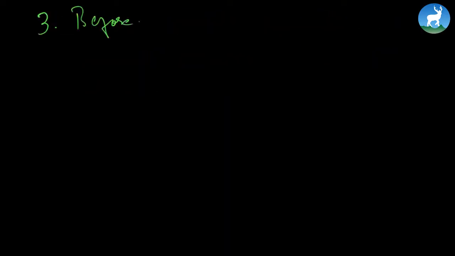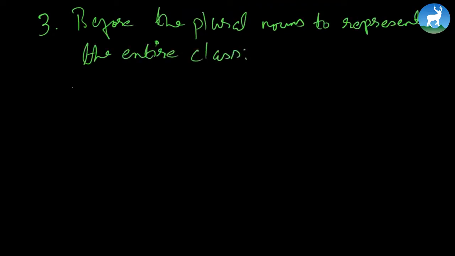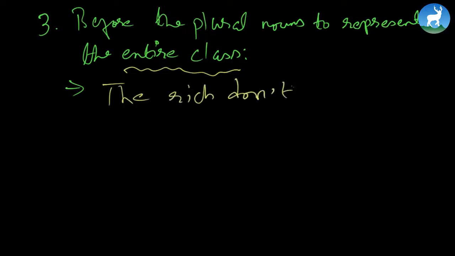Let's move further. Before plural nouns to represent the entire class. Again, here we're dealing with the entire class, the whole class of people. So let's give an example. The rich don't favor the poor.